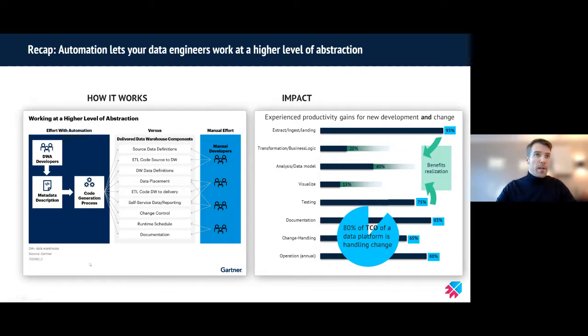So on the left-hand side, we see the data warehouse automation developers working on the metadata descriptions, and those descriptions then generate the code. And that code can take many different forms, and some of the examples that Gartner has worked out are those mentioned here in the middle.